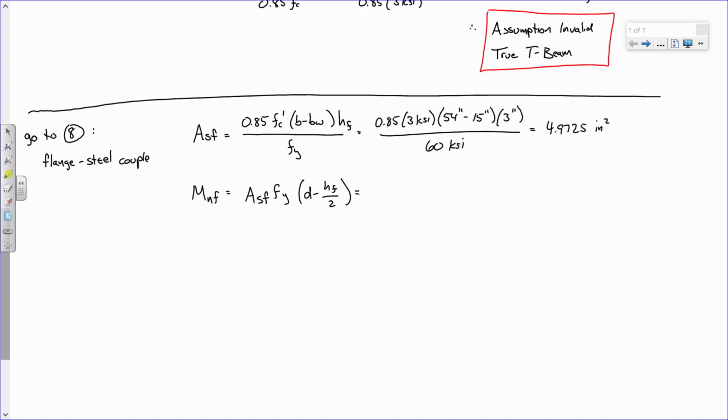And so this is 4.9725, 60 KSI, and that's, what was D? 24 inches minus 3 inches over 2. And so what does this come out to be? We'll leave it in inch kips for this point. 6712.9. Do I have a second on that?